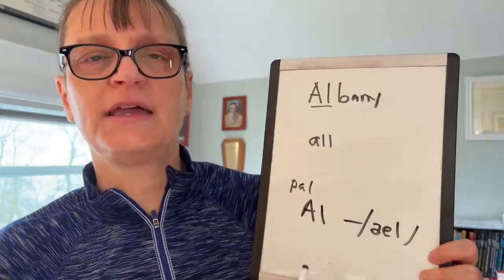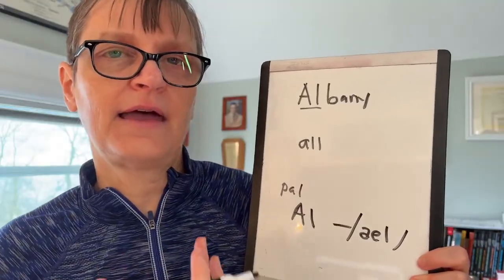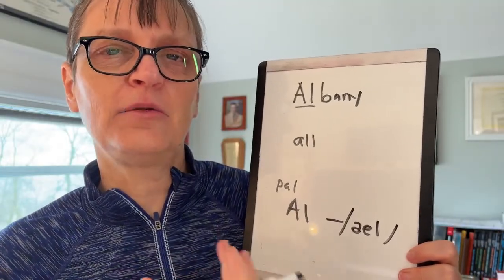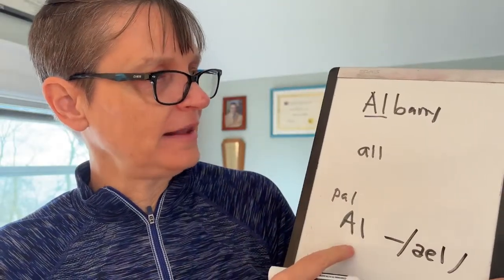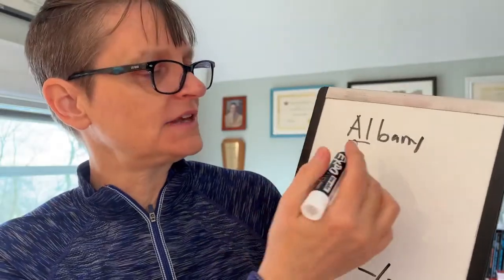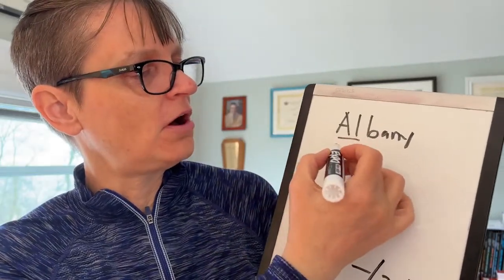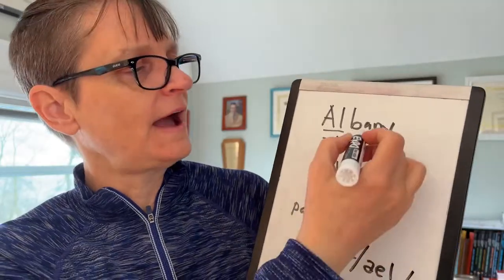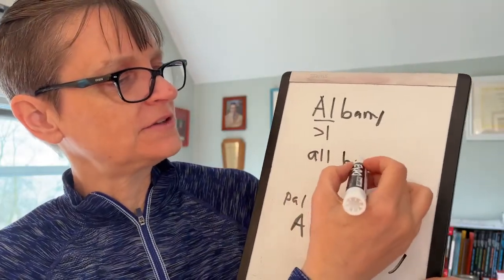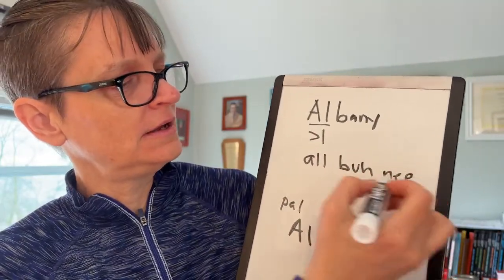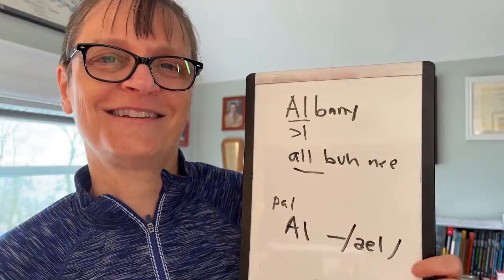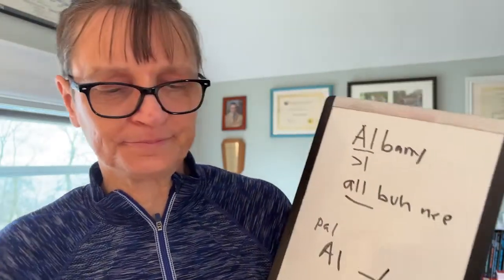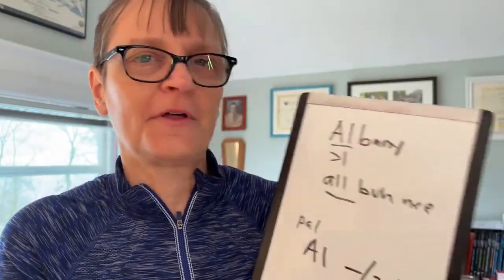So sometimes AL is going to say like the vowel, like in gal, pal, the name Al, etc. But in Albany, it says the vowel, all, like in the word all, Albany. And then the letter A is going to be a schwa sound, so Albany, with all stressed. So that's the city in New York, Albany, New York. Maybe there's some other Albanys too. That's the one I know of that's a bigger city.